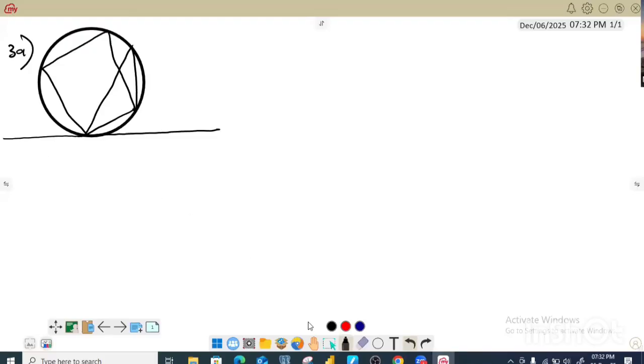So we have a tangent to that circle, and the tangent is labeled. My labelings are not really clear. What are the labelings on the tangent?